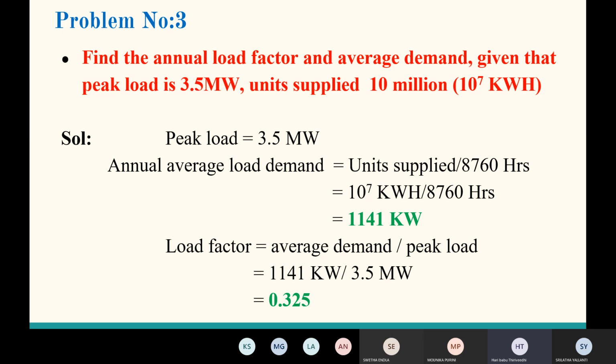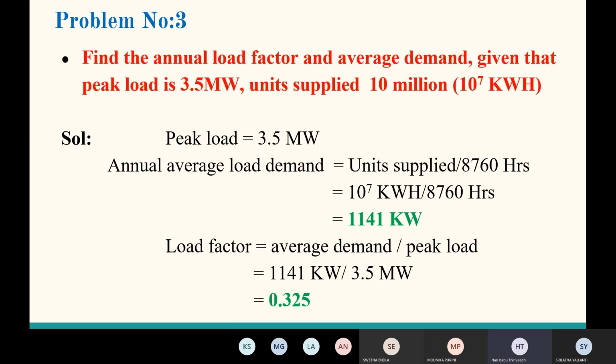Here they take annual, that's why year. Annual average load equals number of units supplied divided by hours in a year. Therefore, 10 power 7 by 8760. The value is 1141 kilowatt.